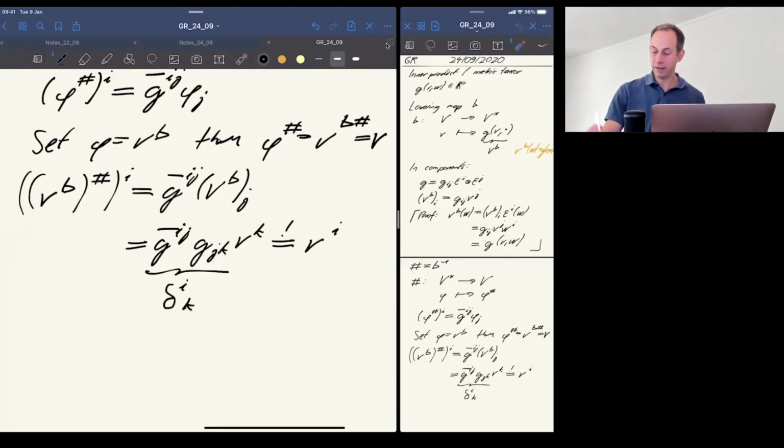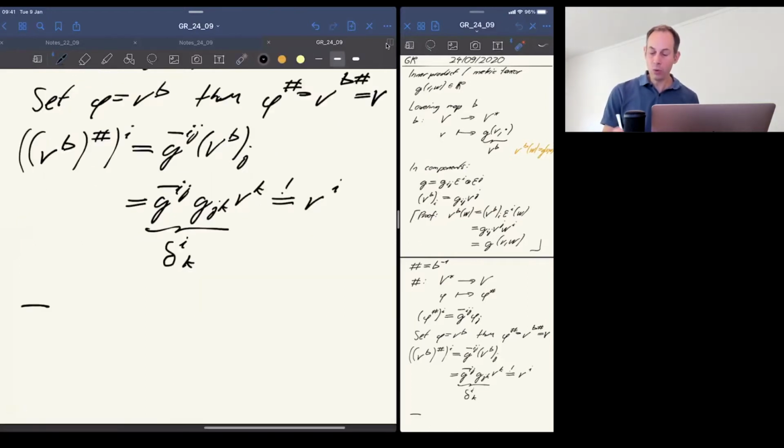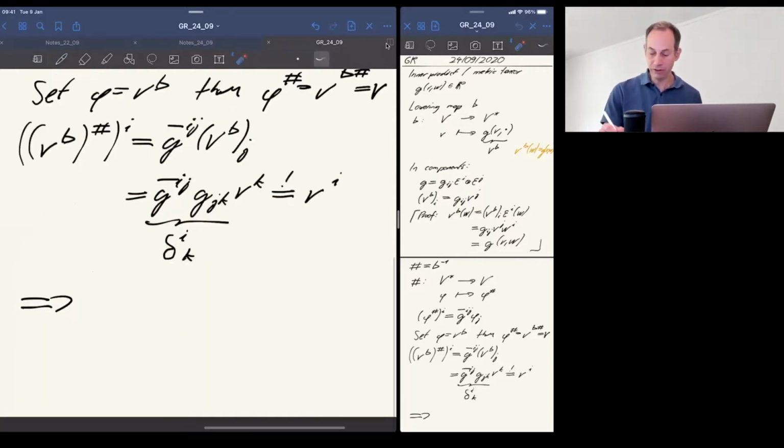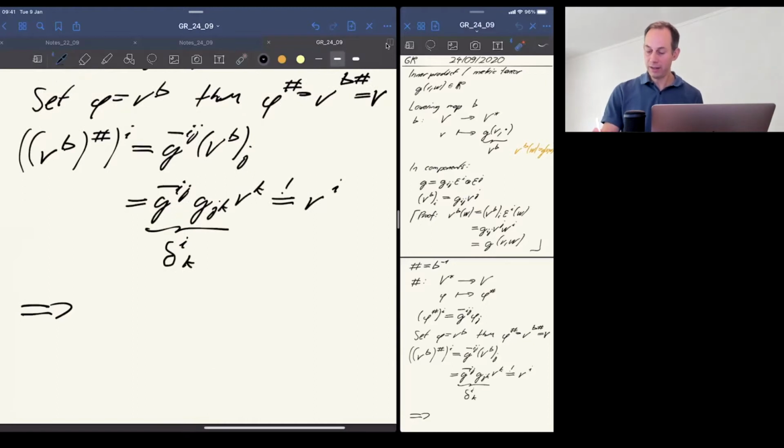Only then can this equality hold. So what we found out is something about these coefficients, which I just introduced: the coefficients of G bar times the coefficients of G should give the delta.